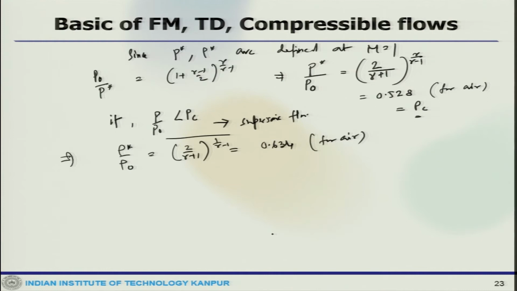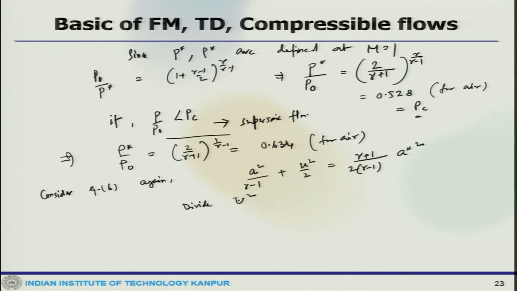Now finally we consider equation 6 again, and what we can write is a square by gamma minus 1 plus u square by 2 equals gamma plus 1 by 2 gamma minus 1 times a star square. Now, we divide by u square.